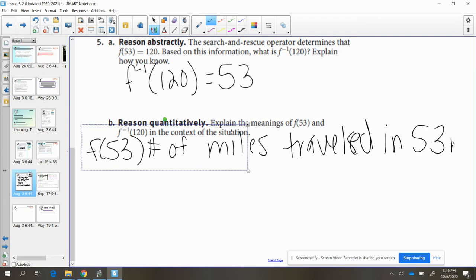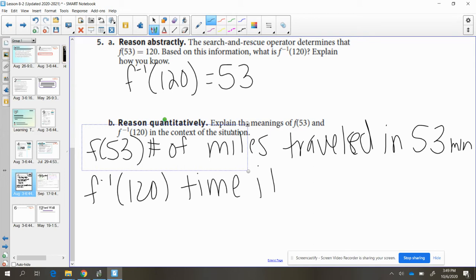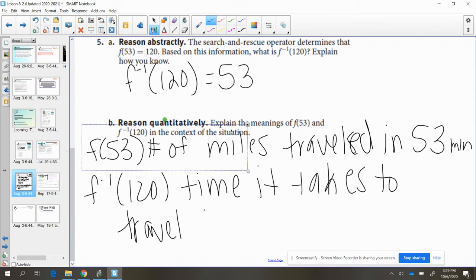But if we flip this around, f inverse of 120 means we're looking for the output value that is the time it takes to travel 120 miles, aka that output value of 53 minutes.